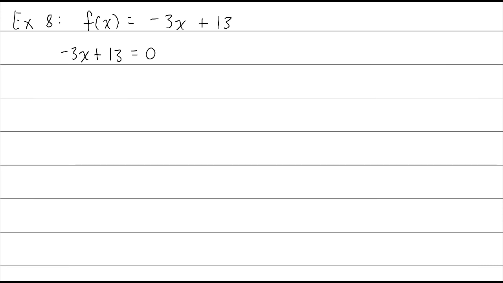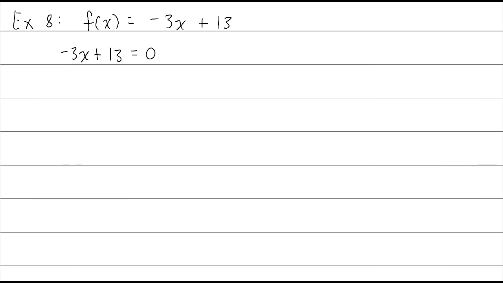I want to get x by itself. By the way, you don't actually have to do the addition principle first. I don't have to subtract 13 first and then divide. I could do it in the reverse order, so I'm going to do that. Let me divide both sides by negative 3.